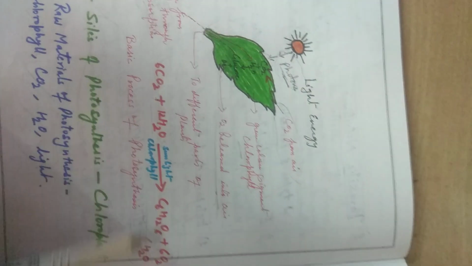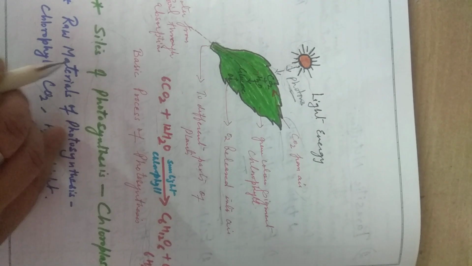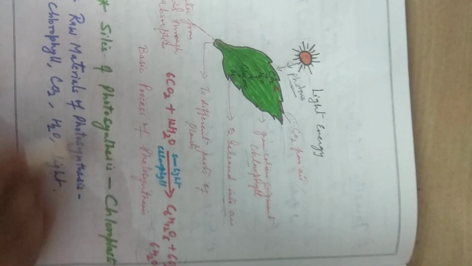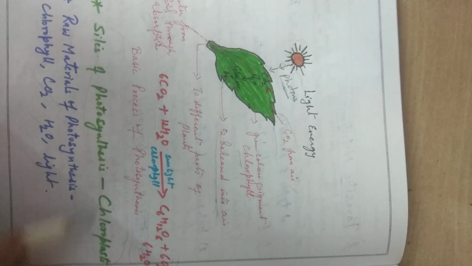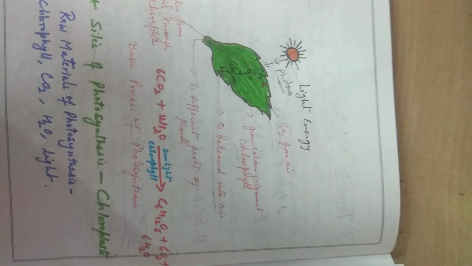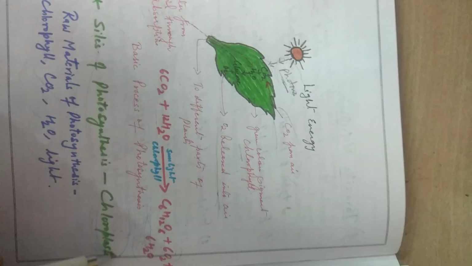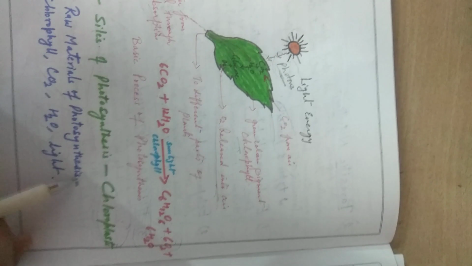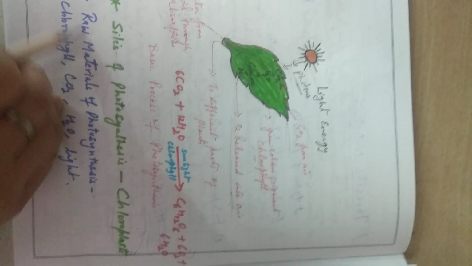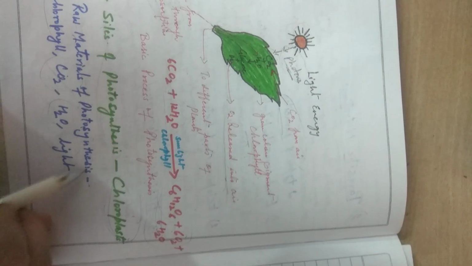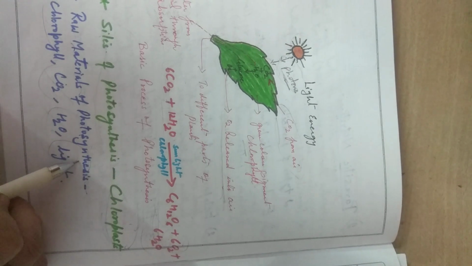This is the basic process of photosynthesis. Now, the site of photosynthesis. What is the site of photosynthesis? It's mainly the chloroplast. Raw materials for photosynthesis are chlorophyll, carbon dioxide, water and light.